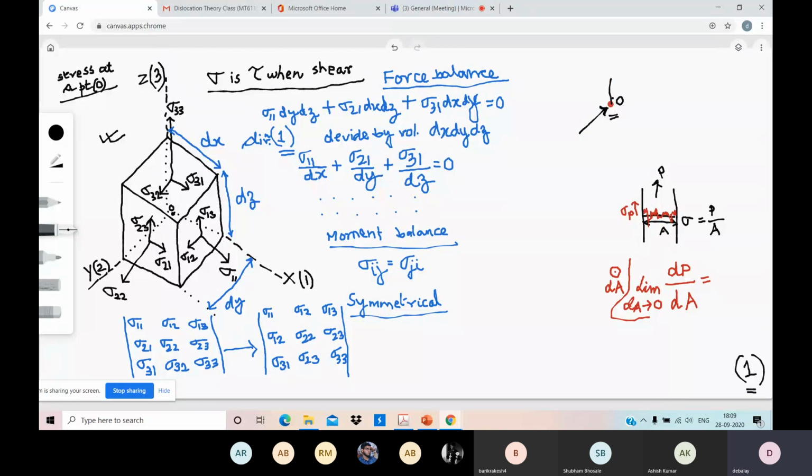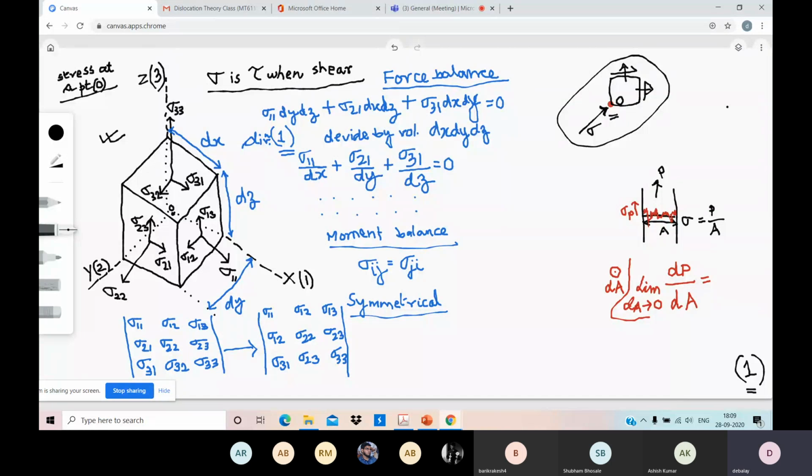So if the point belongs to a body, so now you can represent it that the stress that is acting, sigma, actually you can divide it that there is a component acting this side, a component acting this side. There is a normal component. Similarly, there is a shear component. There is a normal component. There is a shear component. So in this way, you can represent the stress in terms of components.